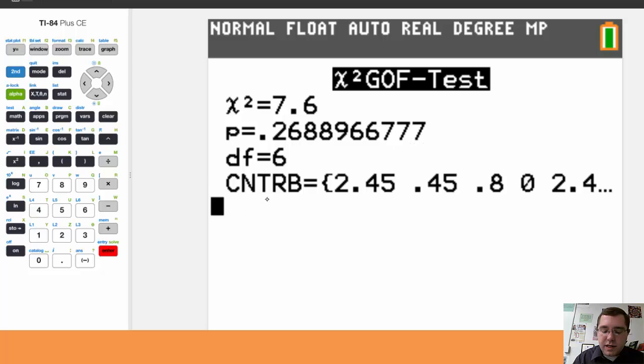This CNTRB is a list of all of the terms of that sequence that was added together. I don't need to write those down, but if I actually wanted to check what those were, it calculates them and stores them in a list called CNTRB, which I could access later if I wanted to. So chi-squared is 7.6, p is 0.269.